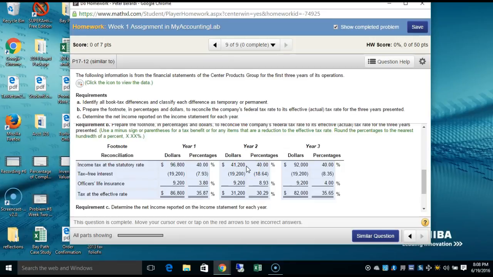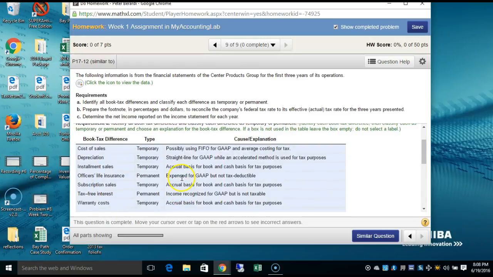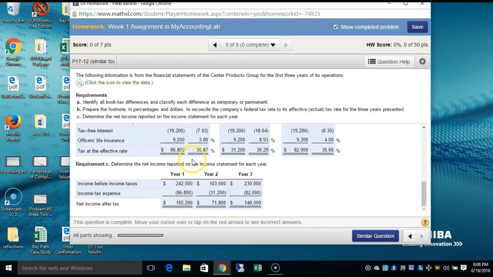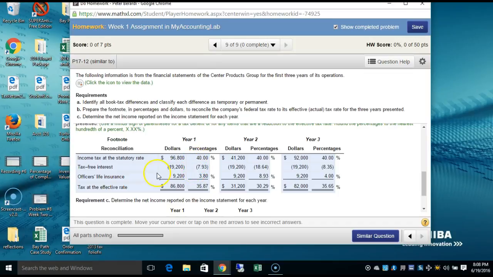Subtract the tax-free interest and take the officer's life insurance. These are your permanent tax differences to get to your effective tax rate. And take the 86,800, and these percentages are going to be based on your revenue.